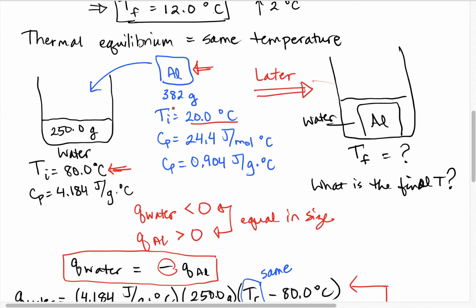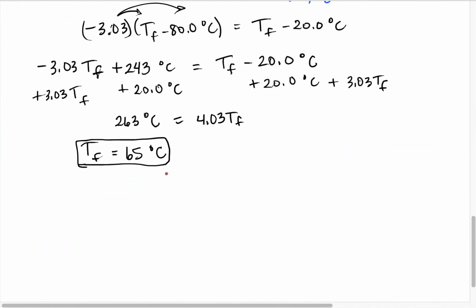So my aluminum increased in temperature, which is what I expect, and my water decreased in temperature, which is also what I expect. I also expect that the change in the aluminum will be much more significant than the change in the water because the heat capacity for the aluminum is much smaller than the heat capacity of the water. So yes, I think that our number here does make reasonable sense and that we probably have the correct answer.